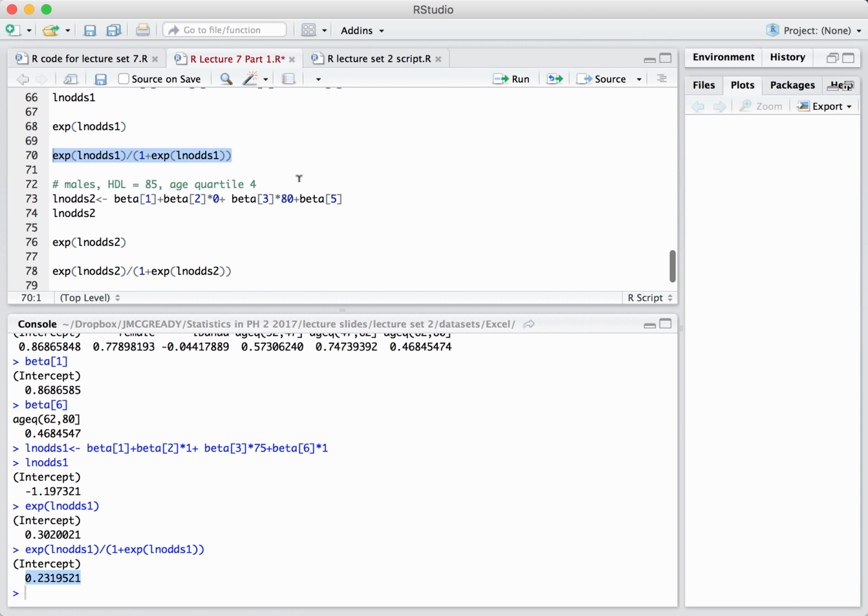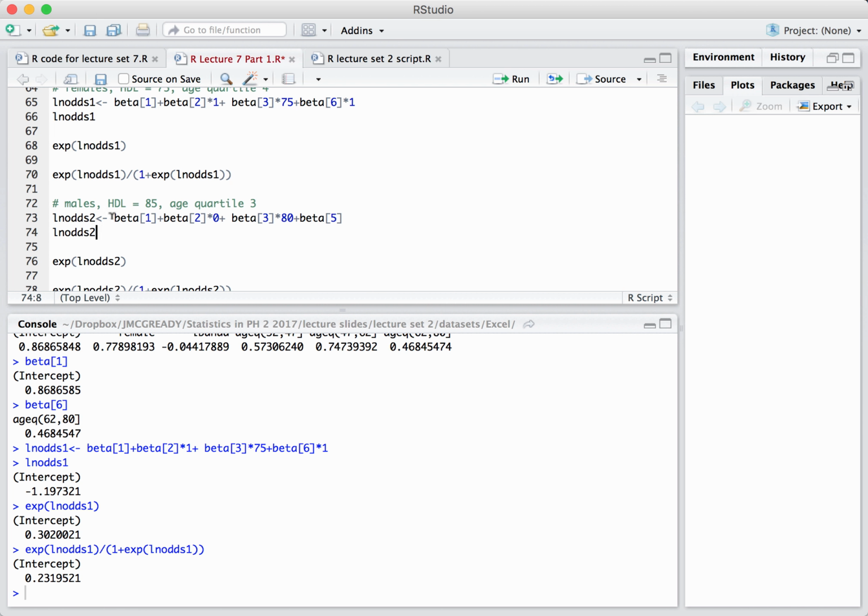We could also do this for the other group we showed, males with HDL of 85, age quartile actually 3. So if we do their log odds, I call this log odds 2, it's the intercept beta square brackets 1 plus the slope for sex beta square brackets 2 times 0, since they're males.